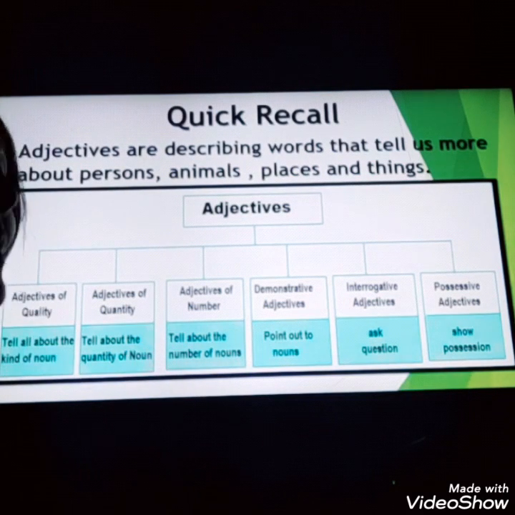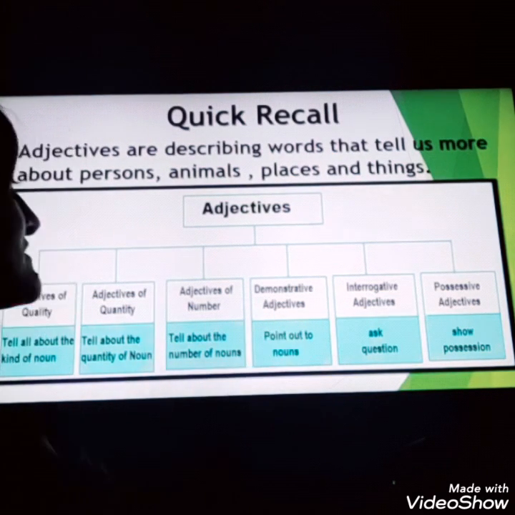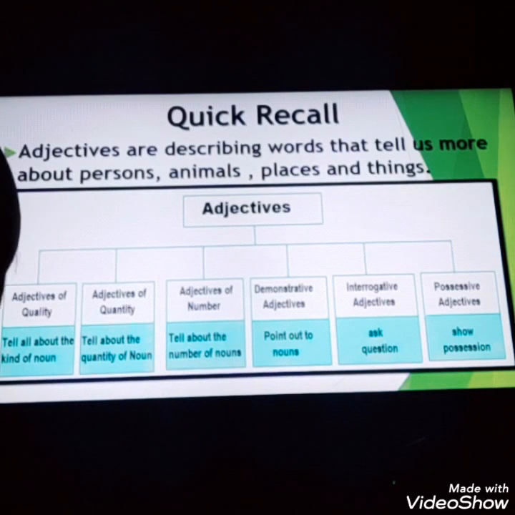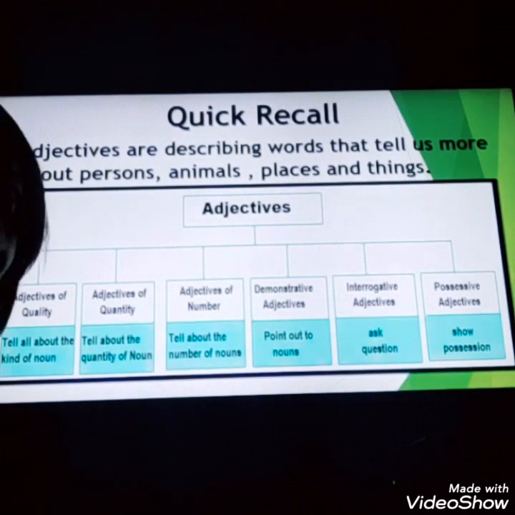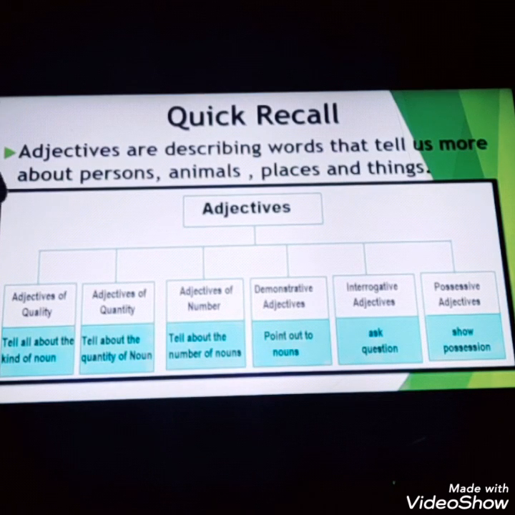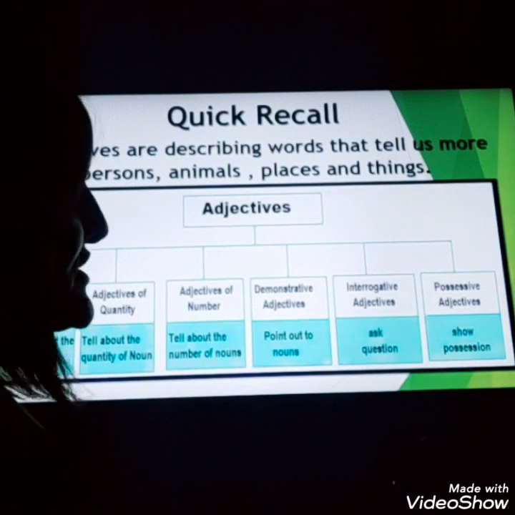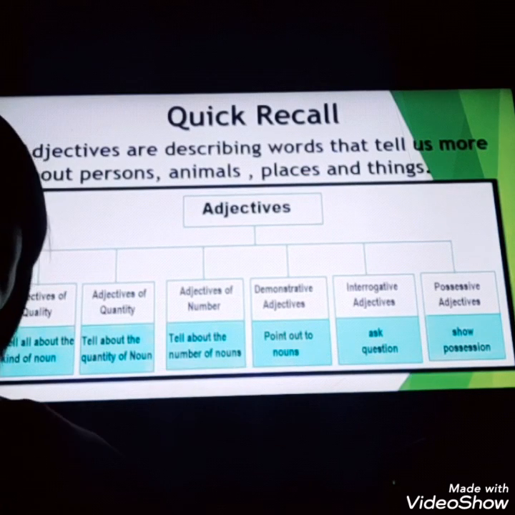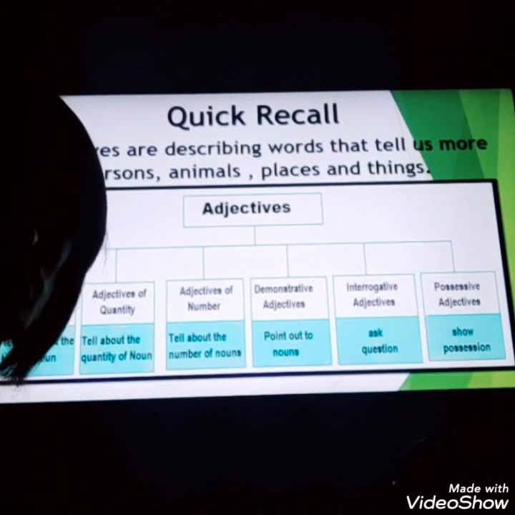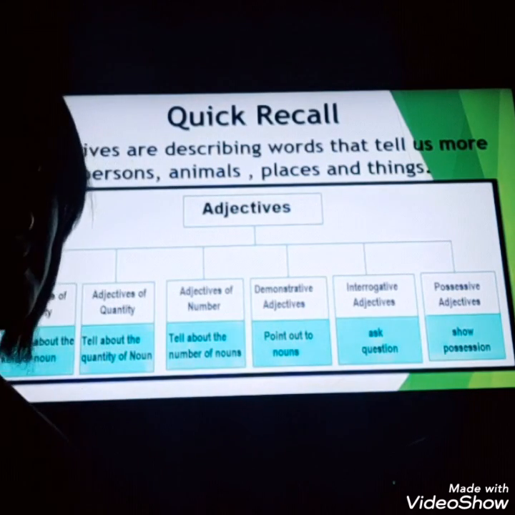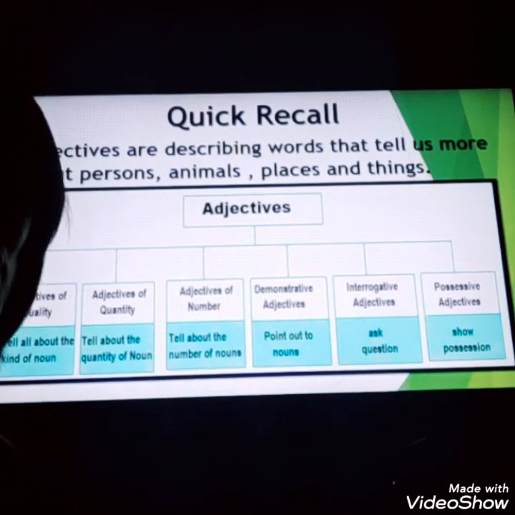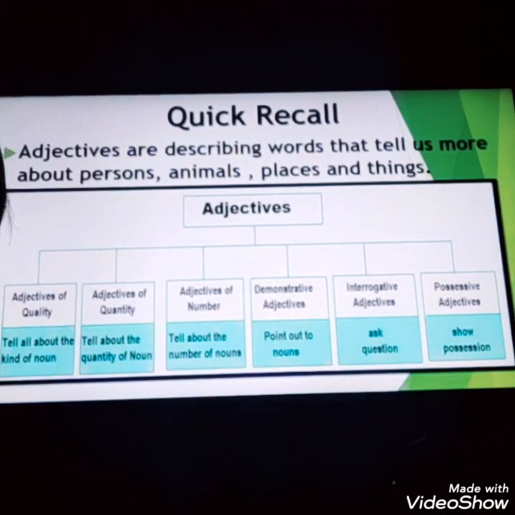A demonstrative adjective points out the noun: that is my box, this is my school. Interrogative adjectives ask questions. Possessive adjectives show your possessions or belongings, that the thing belongs to you or them.